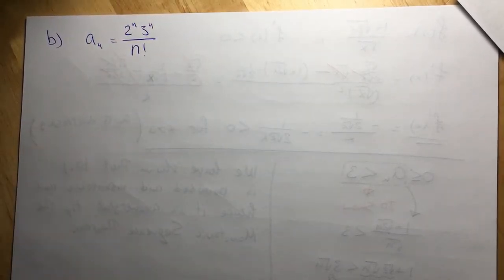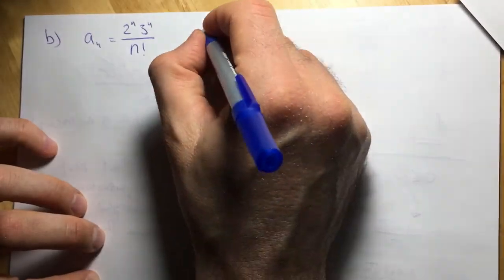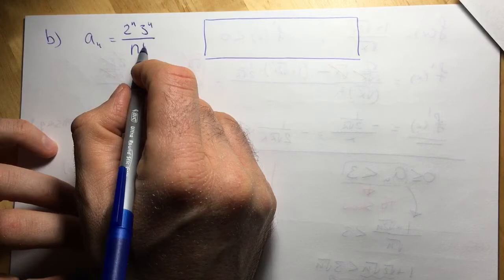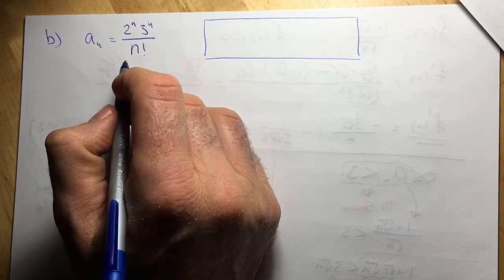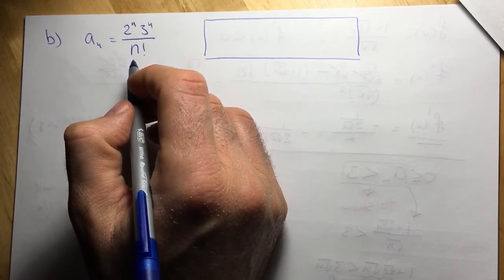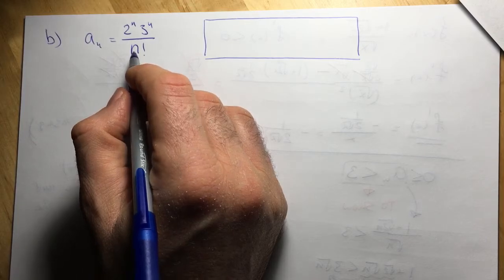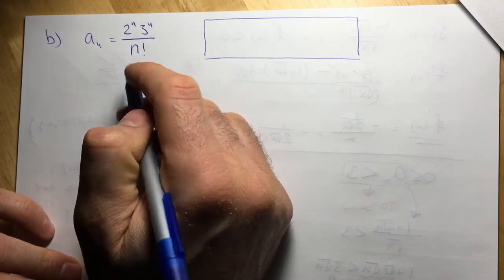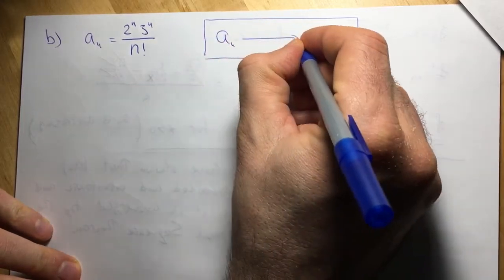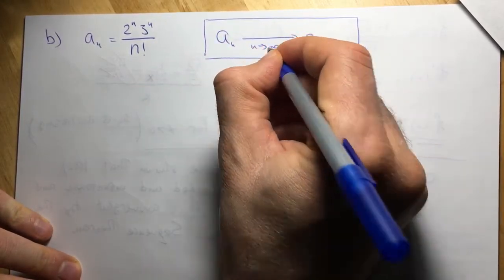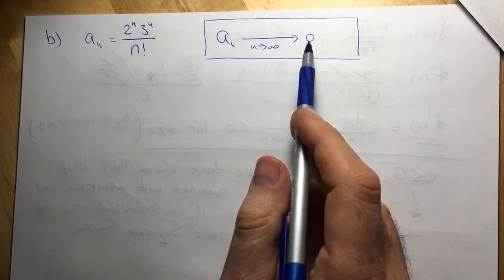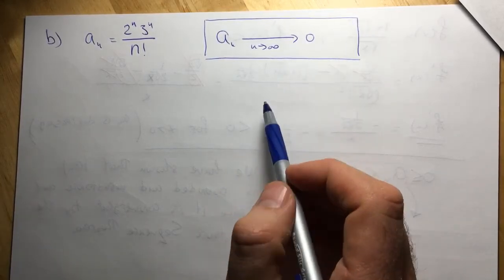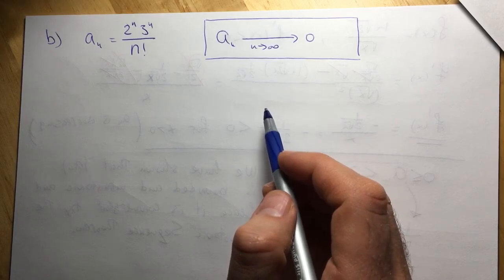Now, of course, again, you should know that n factorial goes much faster to infinity than this, which is 6 to the power n. So this limit eventually is going to go to 0 as n goes to infinity, and this just proves that the sequence is convergent.